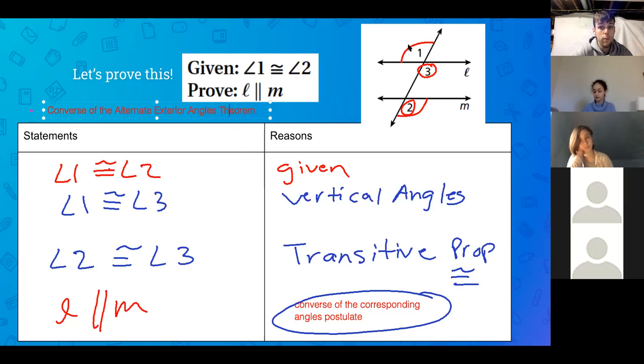Because we've demonstrated we can assume that if we have congruent alternate exterior angles, based on the corresponding angles postulate, that means the lines have to be parallel to one another.